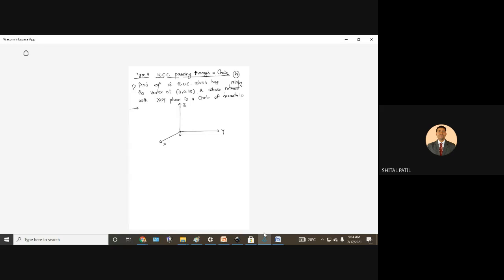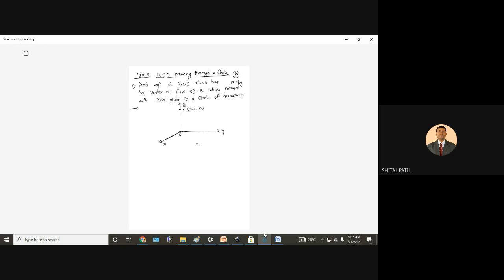Look towards the screen. The vertex of the cone, the apex point of the cone, is here at (0, 0, 10). Then the cone intersects the XOY plane. This is the XOY plane. The intersection with this plane is a circle.